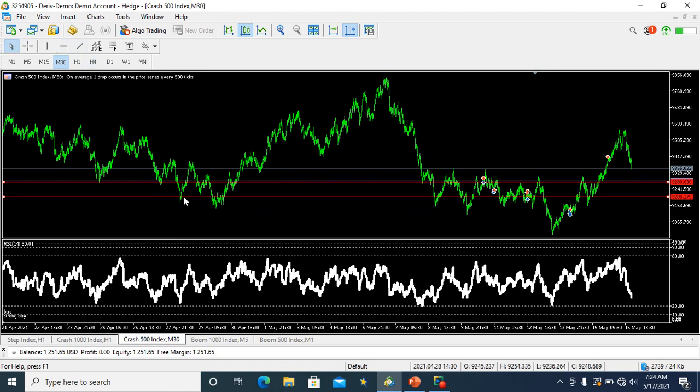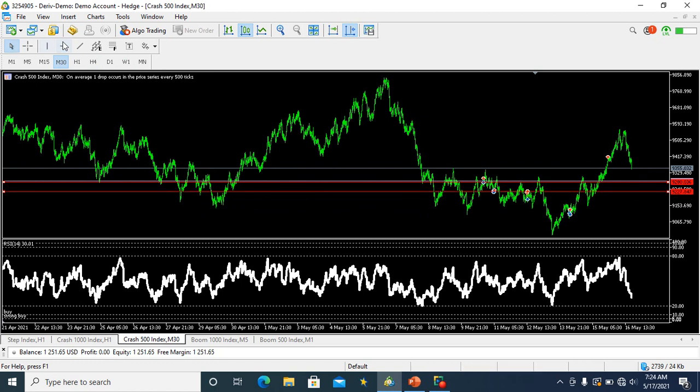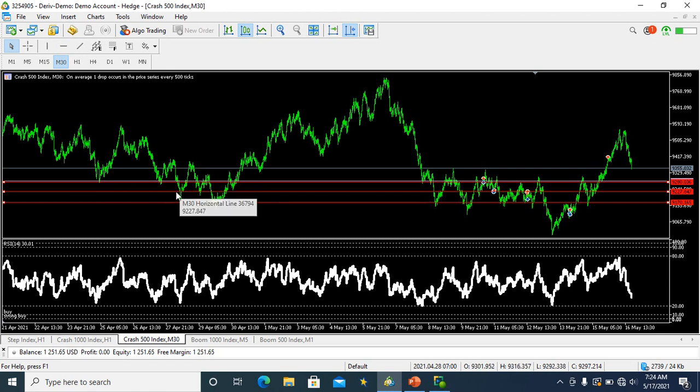You place one limit here, and another limit here. Now the moment the market reaches the first buy limit, it will activate into a buy, and when it reaches the second buy limit, it will activate into another buy.